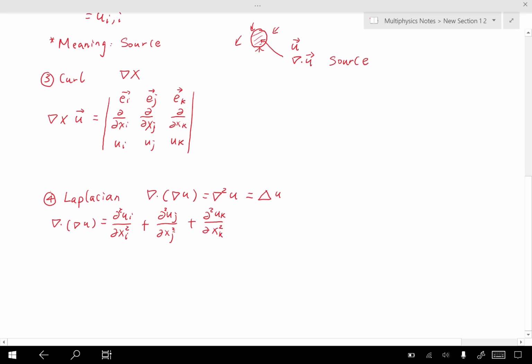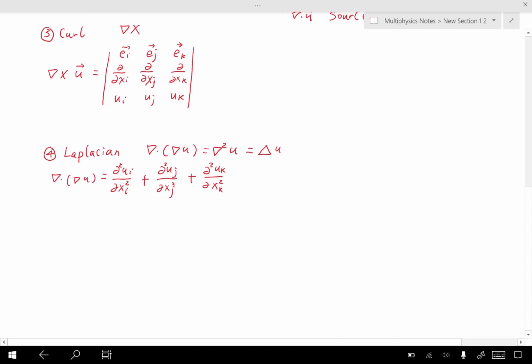Try to derive it based on what we learned about the basic operations and the calculus symbols that we just introduced. How to get from here to here? You try it yourself first, on a piece of scratch paper. See if you can derive this formulation for Laplacian. It's two steps. First, get this, and then do this.